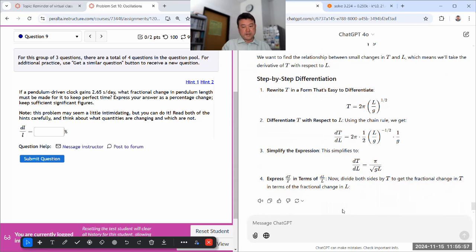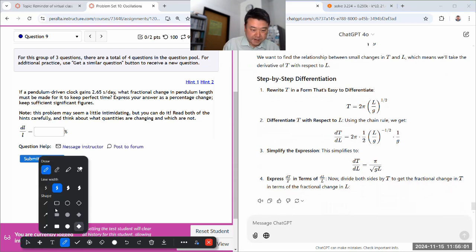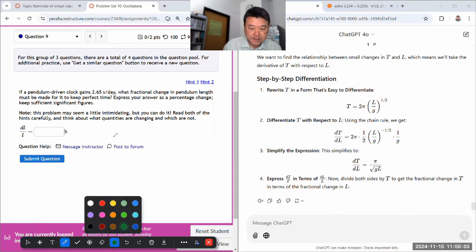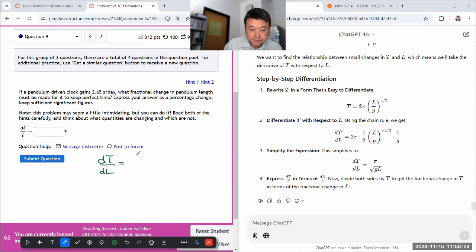So let's play a little bit slow and I'll write this down. What I'm writing down is the last equation, which I think I understand. Then I do the thing that it's telling me to do, which is divide both sides by t.